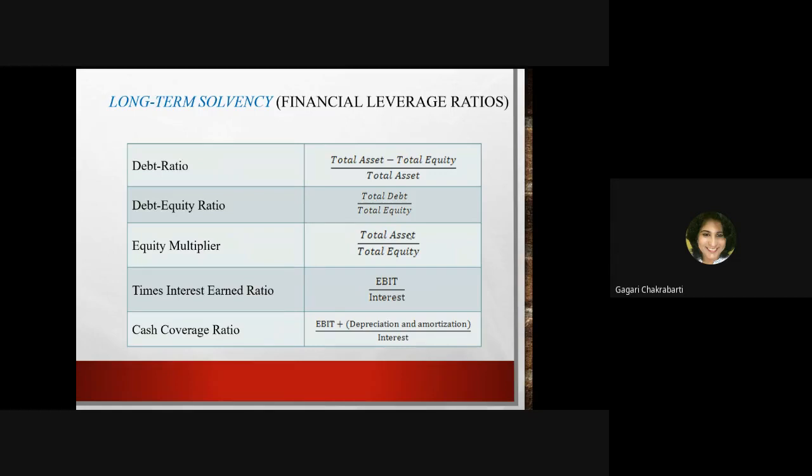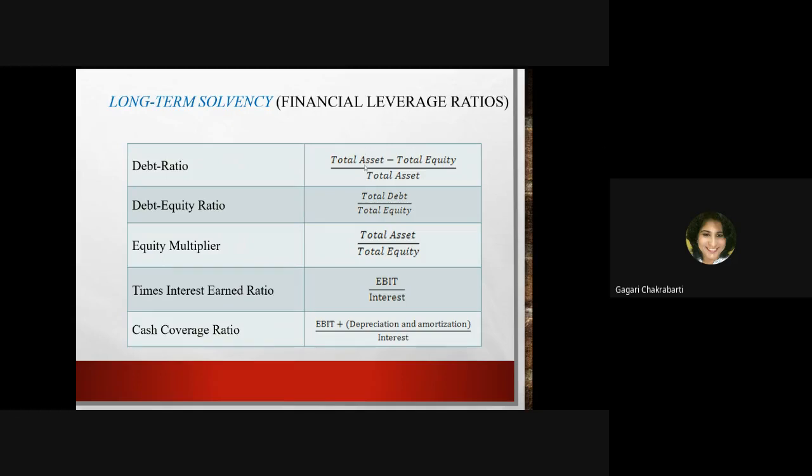Next, we come to the long-term solvency ratio, or the financial leverage ratio. Now here, we start from the debt ratio or the total debt ratio. Usually it is called the debt ratio, or debt to asset ratio. Now this is total debt by total asset.